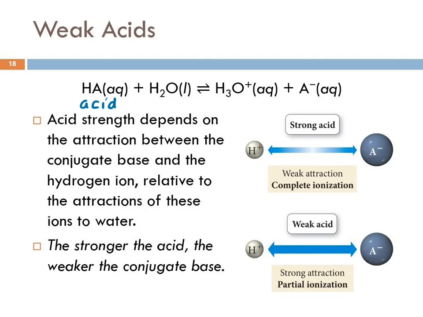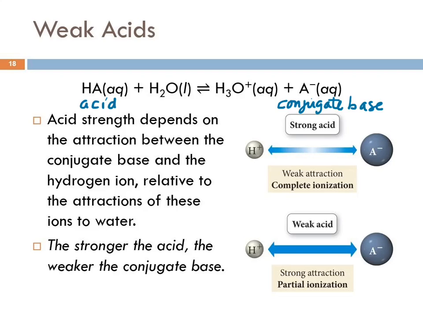So it's the A-. Because when this does the acid thing and donates a proton, it becomes this. And this is acting as a base. When it does the base thing and accepts a proton, it becomes this. So this is the base, this is the conjugate acid. But we're just going to look at the acid and the conjugate base.